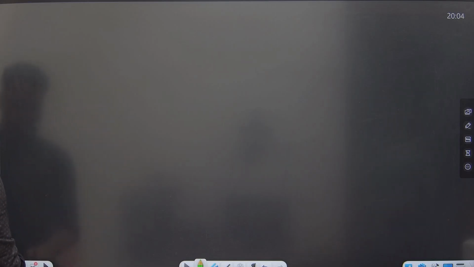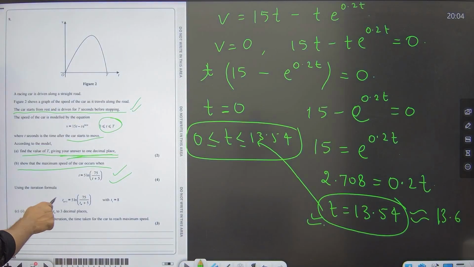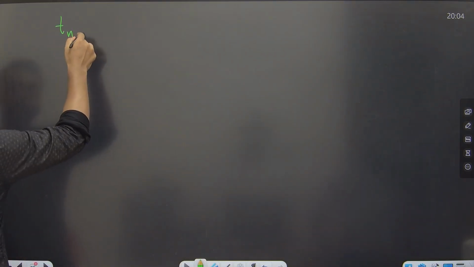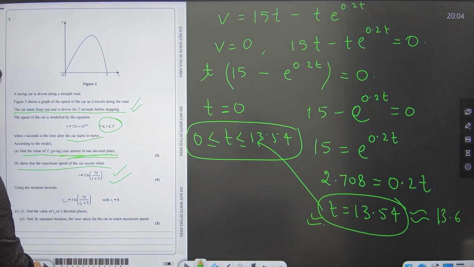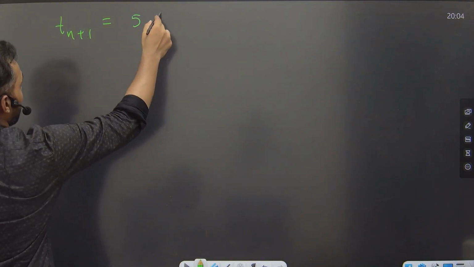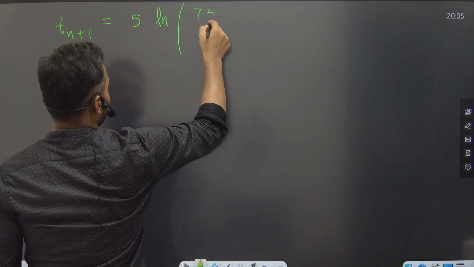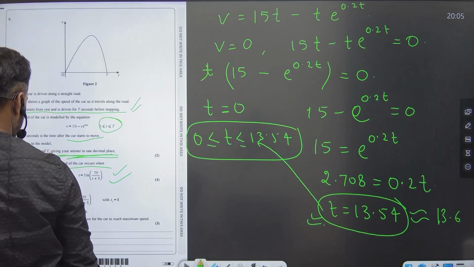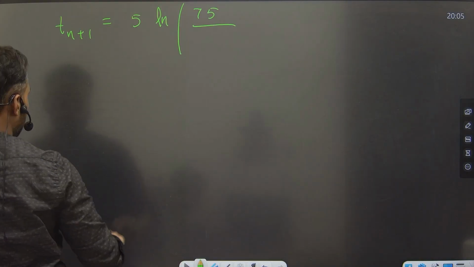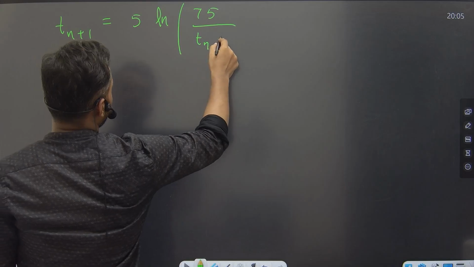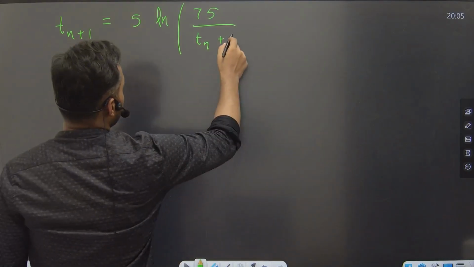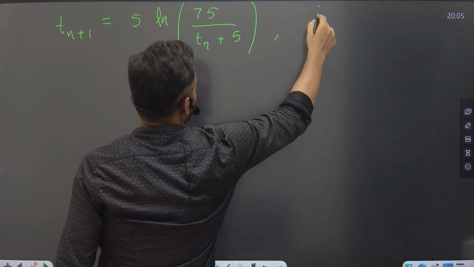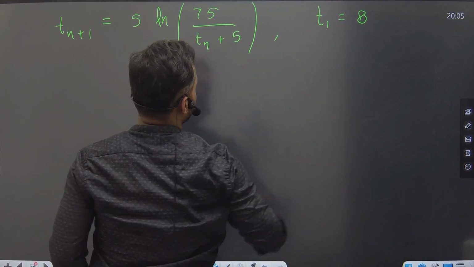Oh yeah, the iteration formula is given as t_(n+1) = 5 ln(75/(t_n + 5)), where t1 equals 8, student.